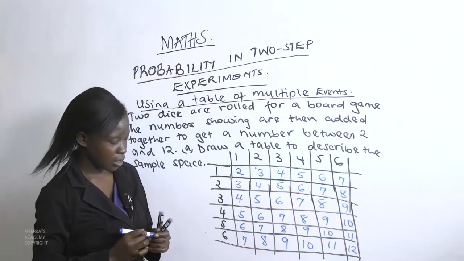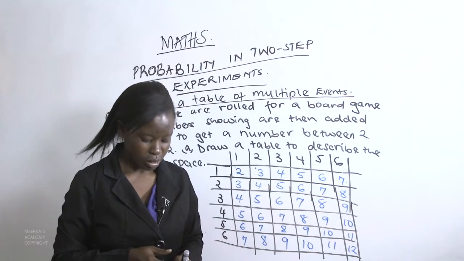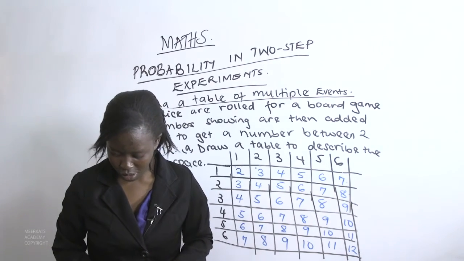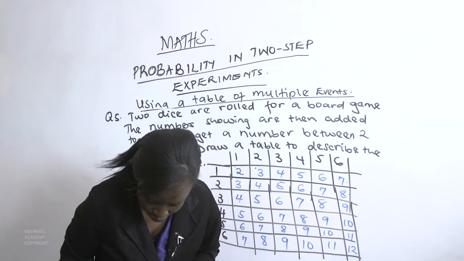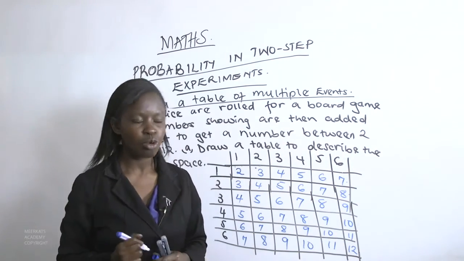So those are the outcomes that are obtained when the two dice are rolled, then the numbers obtained are added. So the question is, find the probability that the two dice add to 5.